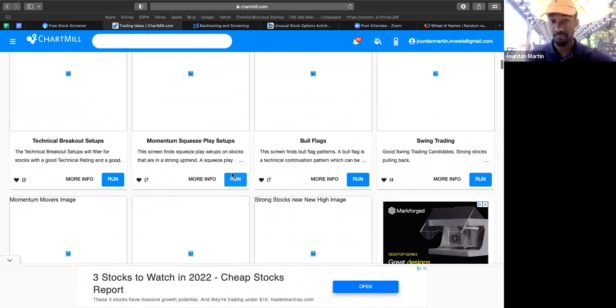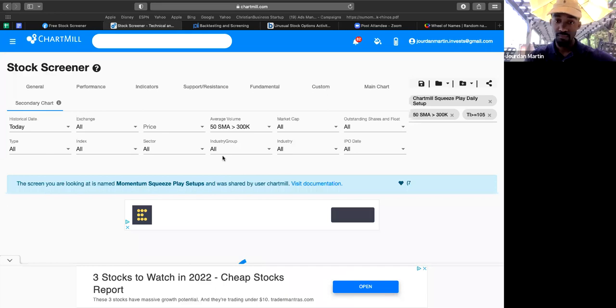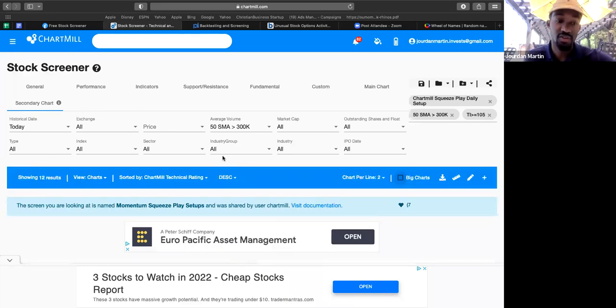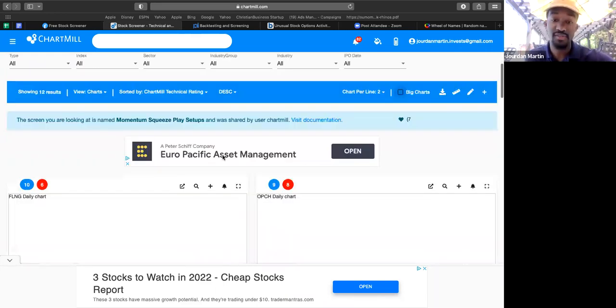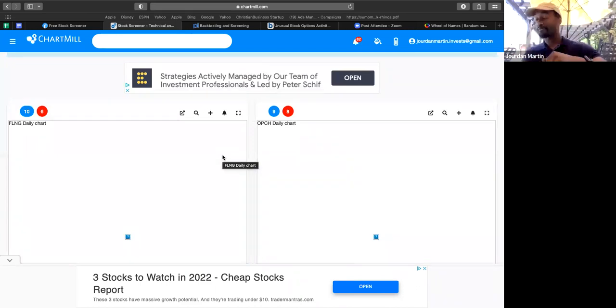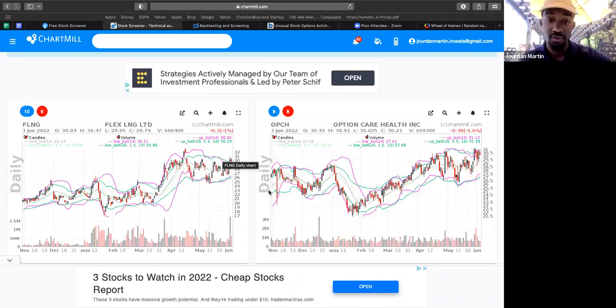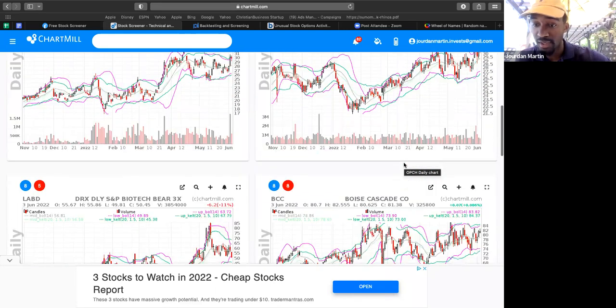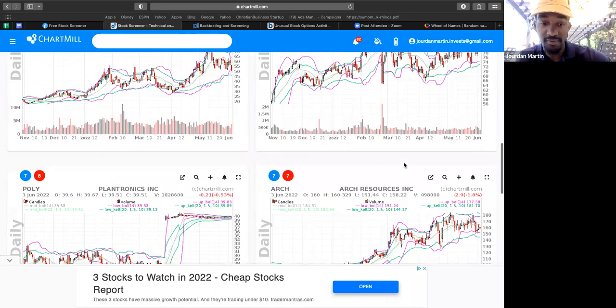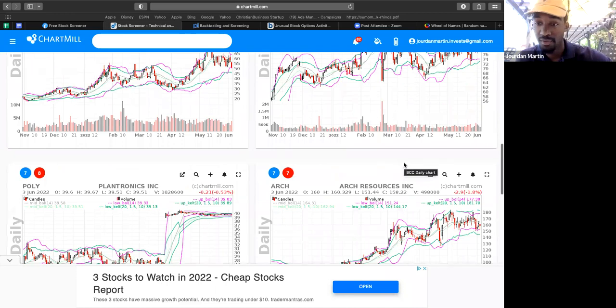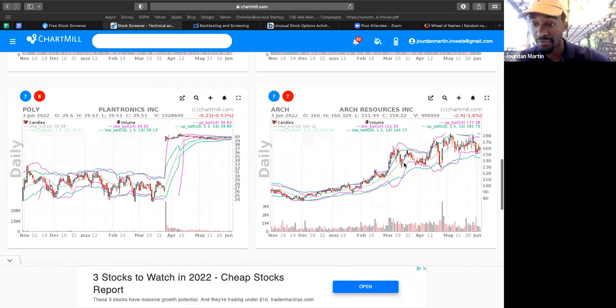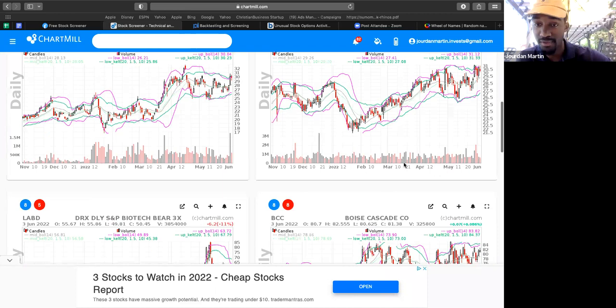So we'll pull that up. This should show us the stocks that have been consolidating but are looking like they might have potential to go ahead and break out fairly soon. So let's see. And again, I've never used this for this specific purpose, but I think we could figure it out here really quick.